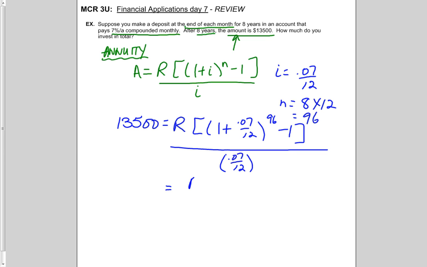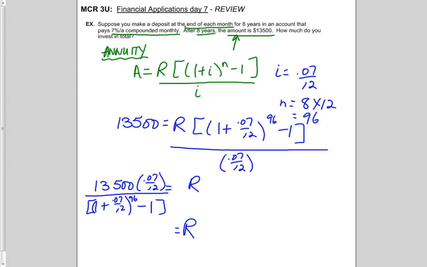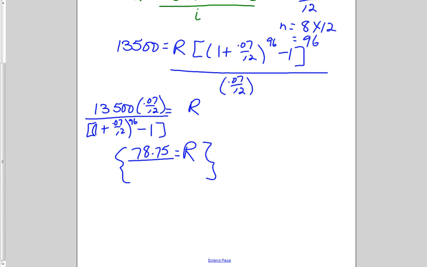To get R by itself, we're going to multiply both sides by that denominator and divide both sides by the nasty square bracket. And we will get an R value. I wouldn't normally write this middle step, but some of us are having trouble with our calculators. So 7875 over 0.747826, and so on.